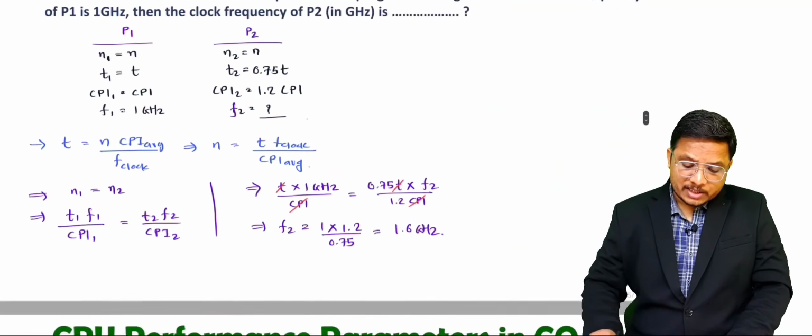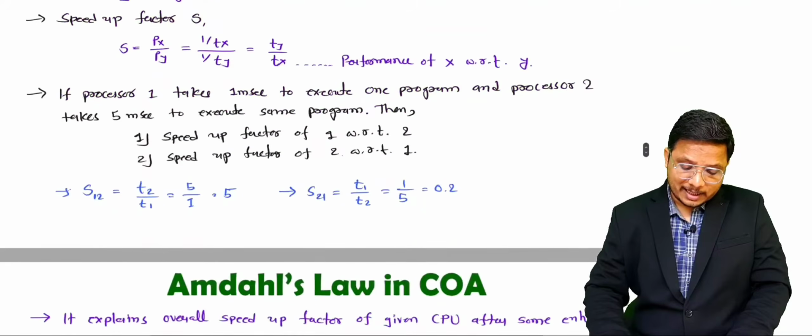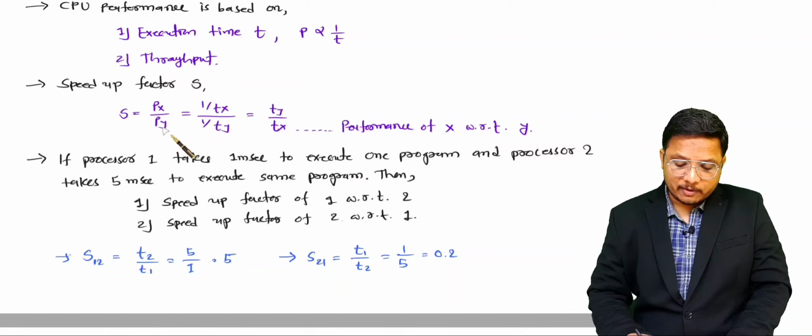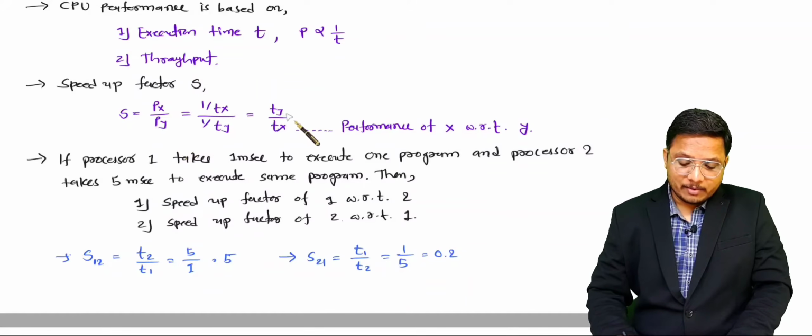And based on that you can solve many questions. You should also know how speedup factor works, that is performance of x with respect to performance of y, and in terms of time it will be ty by tx when it comes to performance of x with respect to y.